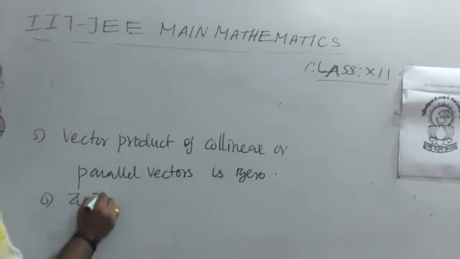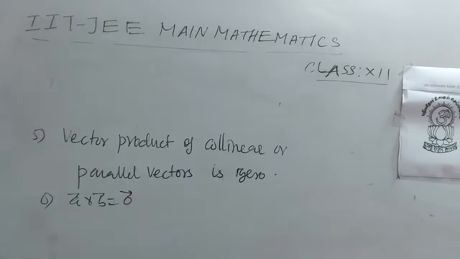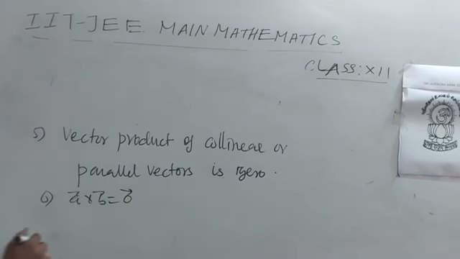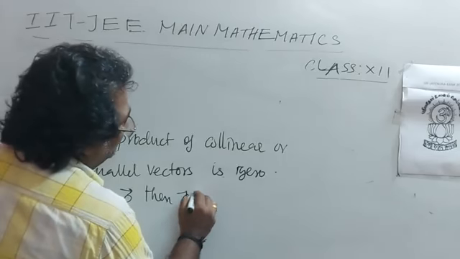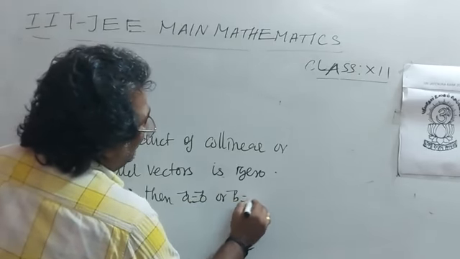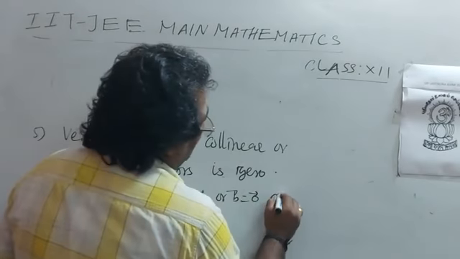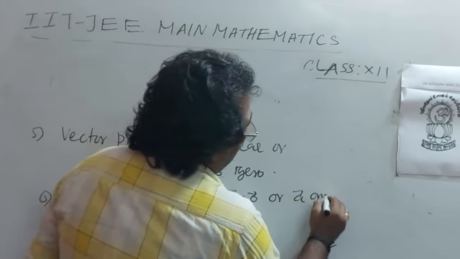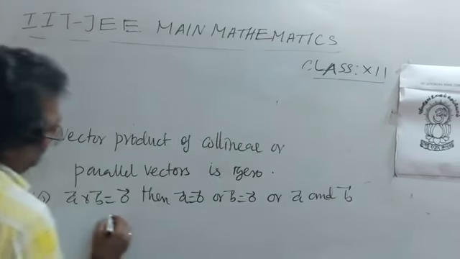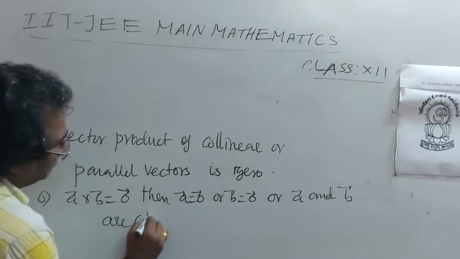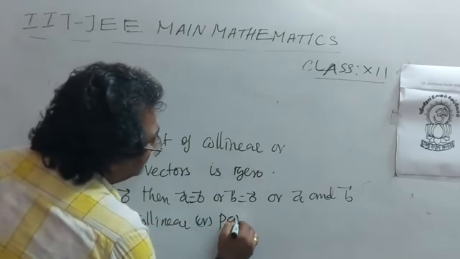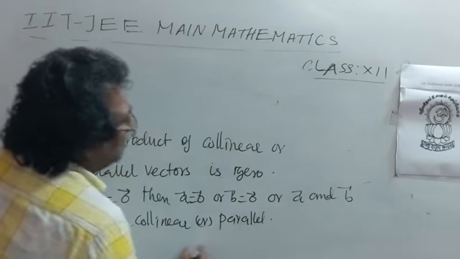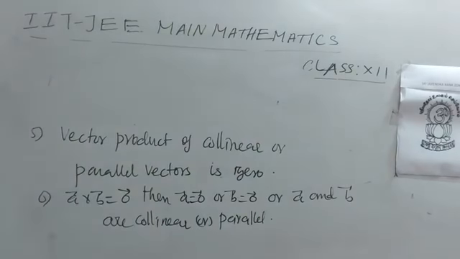If A vector cross B vector equal to 0 vector, then A vector equal to 0 vector or B vector equal to 0 vector, or A vector and B vector are collinear, collinear meaning like the same line or parallel.